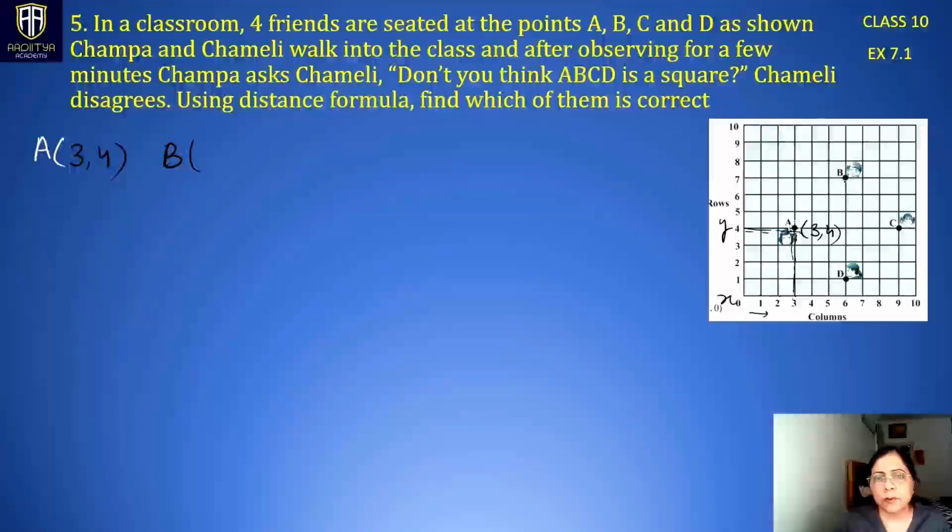For B, where is B? B is here. Putting a perpendicular here, the reading is 6, so the x coordinate of B is 6, and on the y-axis the reading is 7.